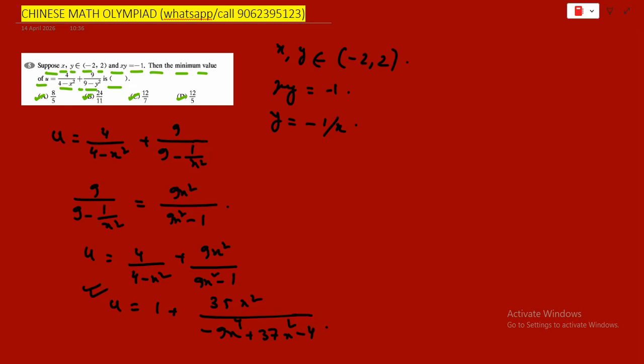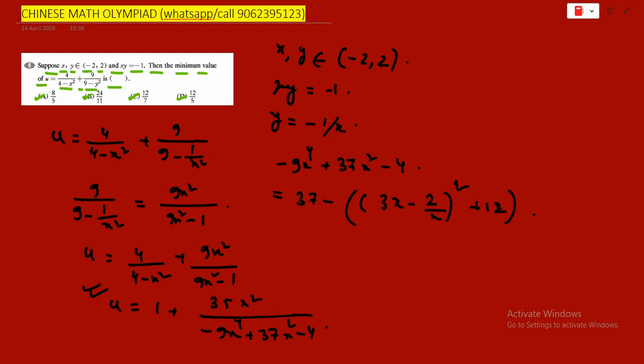Okay. Now focus on the denominator. Minus 9x⁴ plus 37x² minus 4. So we rewrite it like this, 37 minus (3x - 2/x)² plus 12. Okay.